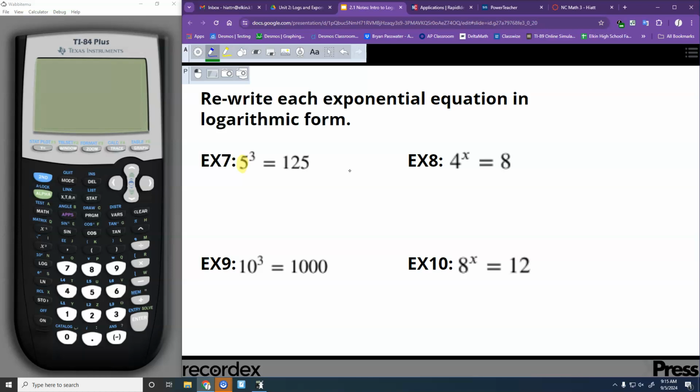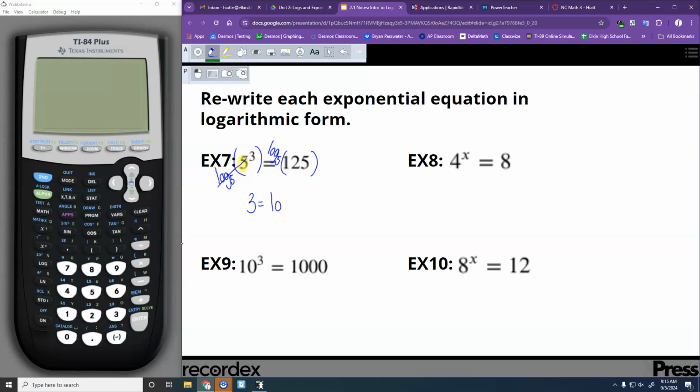So what we're going to do is sort of the opposite of what we were doing in the last problem. We're going to do log base 5 of this side, and that will cancel out our 5, and we'll just have a 3 left. And if we do that, we also have to do log base 5 of the other side. And be careful how you write this.